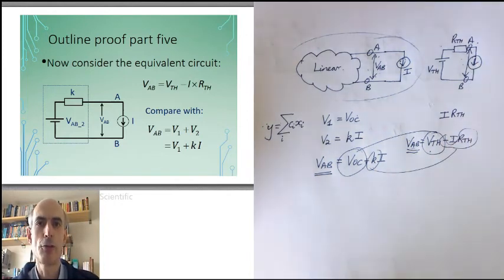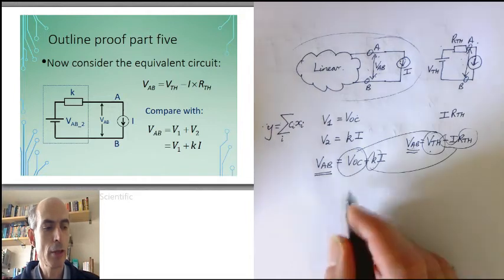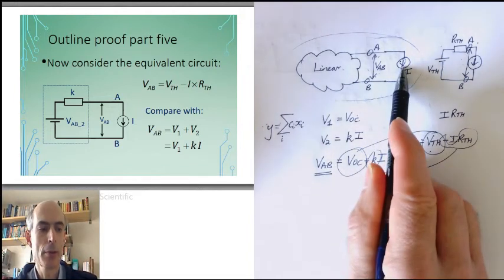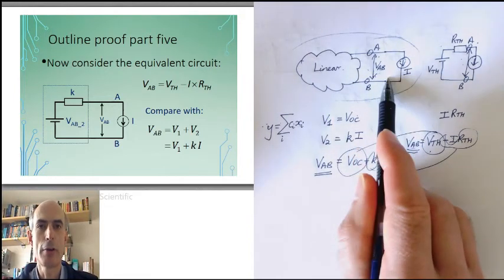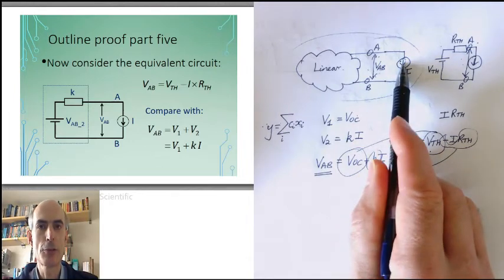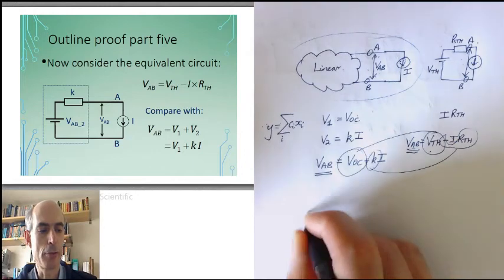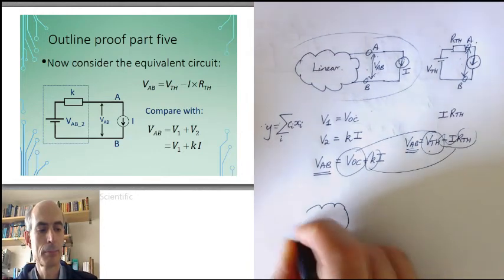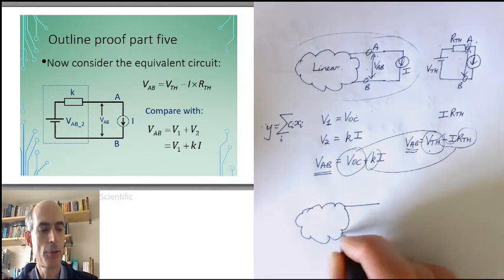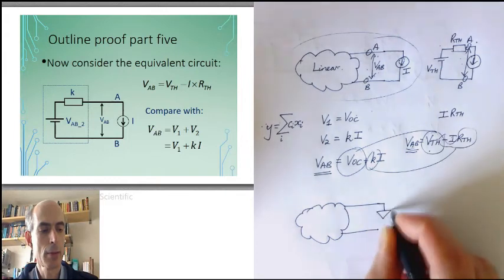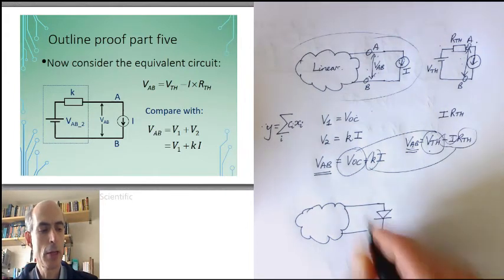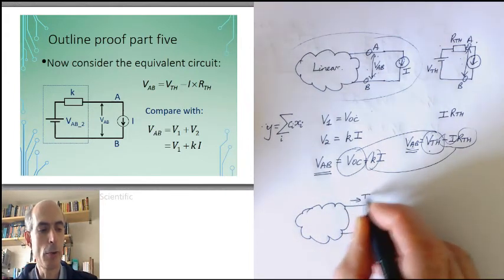The final stage of this proof is to realize that any component that I put on the output of a network can be replaced by a current source. I could put a diode here, for example. And if I added a diode to this network, then some current would flow.